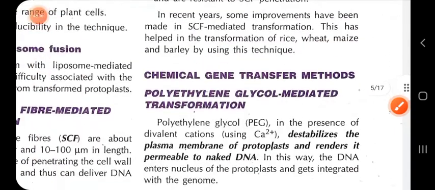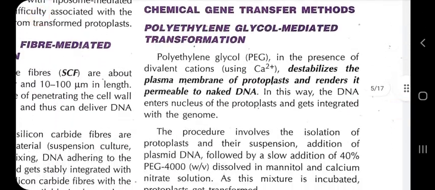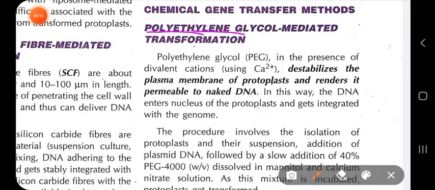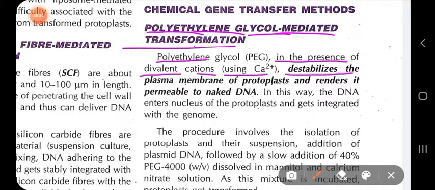The next transformation technique, I have already said, is polyethylene glycol mediated transformation. In plant biotechnology, I discussed it during protoplast hybridization, right? Here also we use the same technique. Now, polyethylene glycol, in the presence of divalent cations like calcium ions, destabilizes the plasma membrane of the protoplast and renders it permeable to naked DNA.